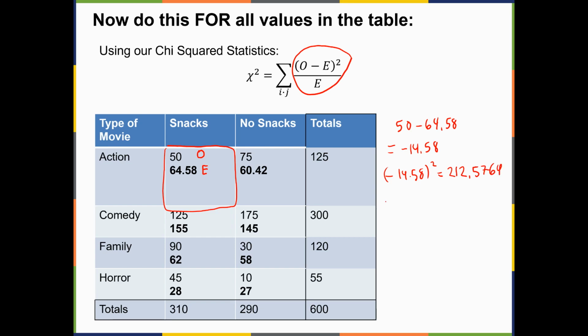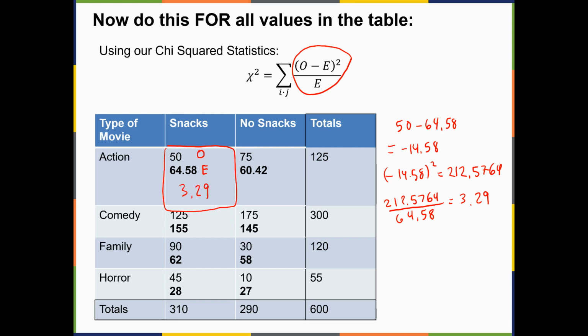All right, divide that by the expected number, so 212.5764 divided by 64.58 equals 3.29. So that is my chi-square statistic value for this cell, right?